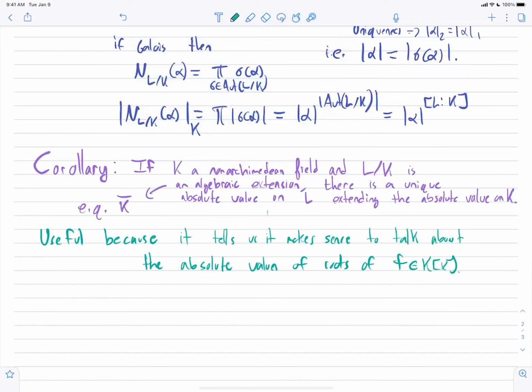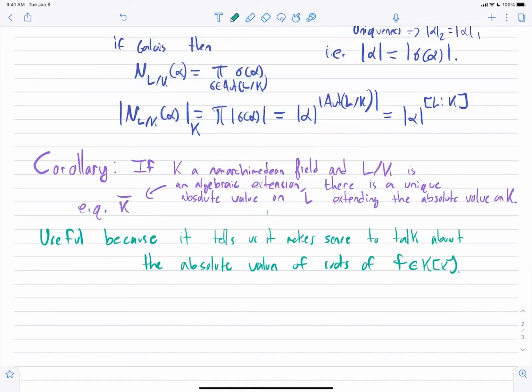If I have some polynomial in K[X] and K is a non-Archimedean field, I can talk about the absolute values of its roots, and that's going to be entirely unambiguous. To talk about roots, I need to take some algebraic extension where there are roots. Existence of an absolute value lets you talk about roots once you pick an extension, but the fact that it's unique tells you it doesn't matter which extension you pick.